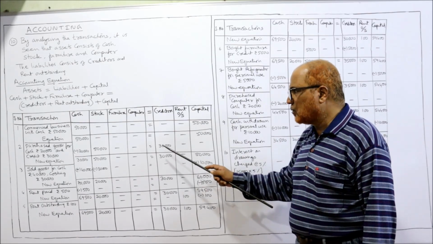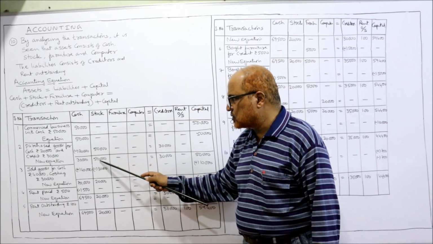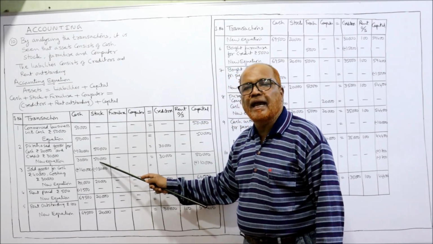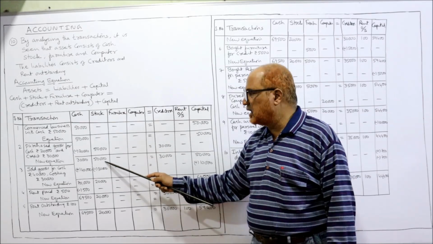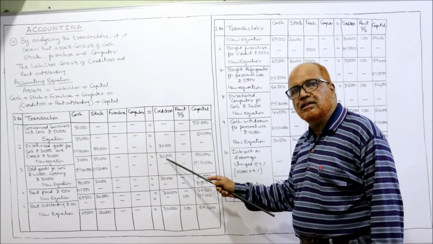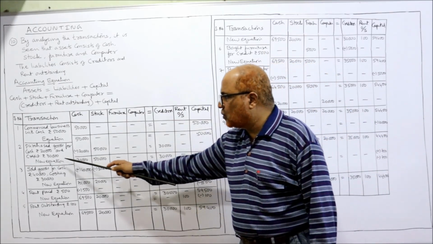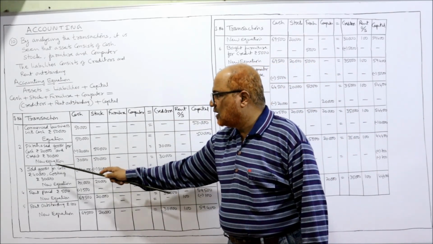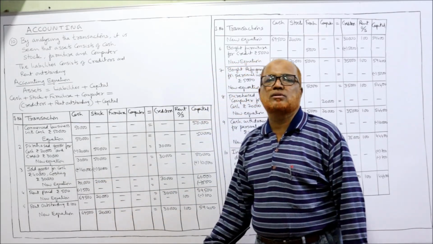Now accounting equation, you can see 50 minus 20, 30, 50,000. So 30 plus 50, 80,000 are the assets. Now check, 80,000 is the liability and capital. Yes, liability 30,000, capital 50,000, 80,000. Accounting equation satisfied.